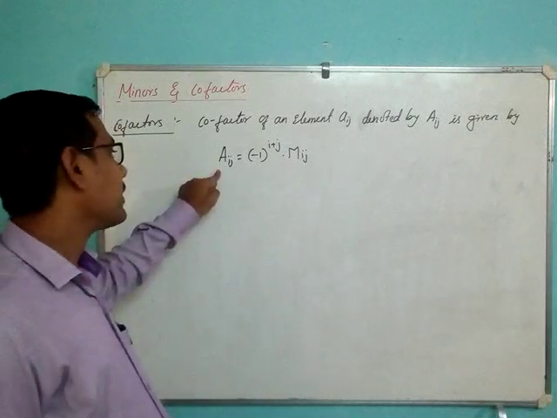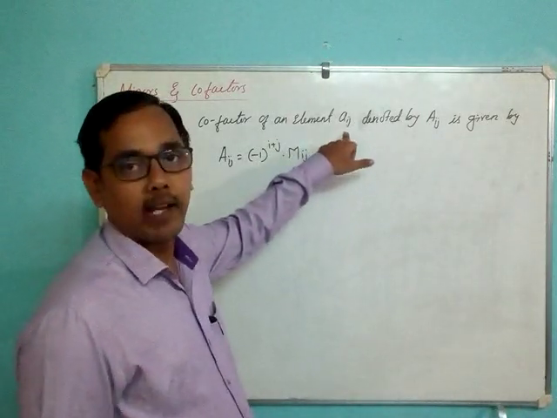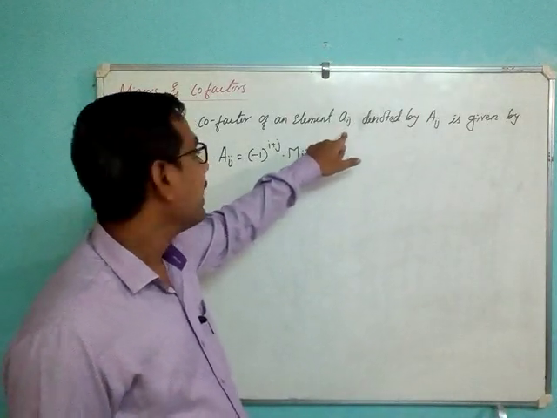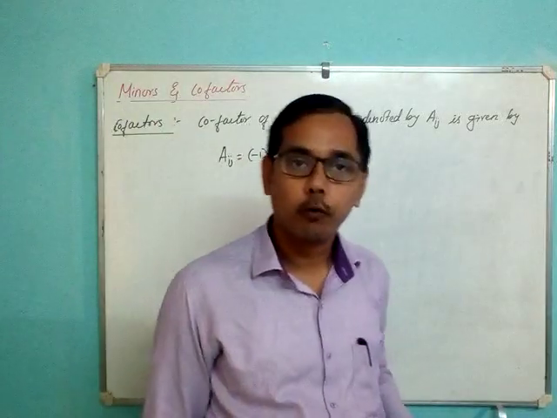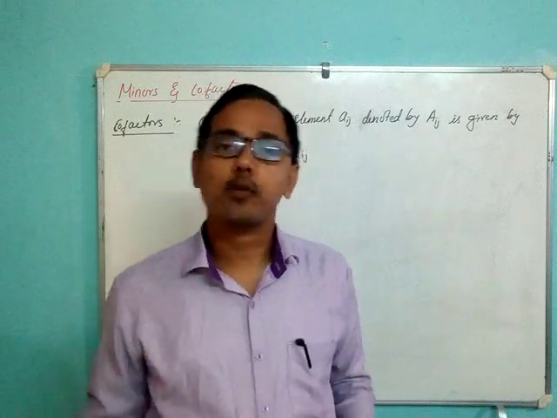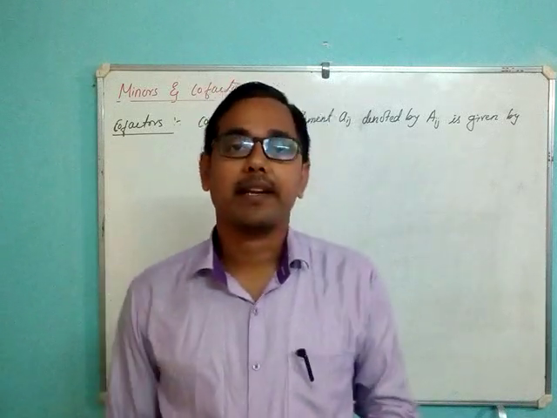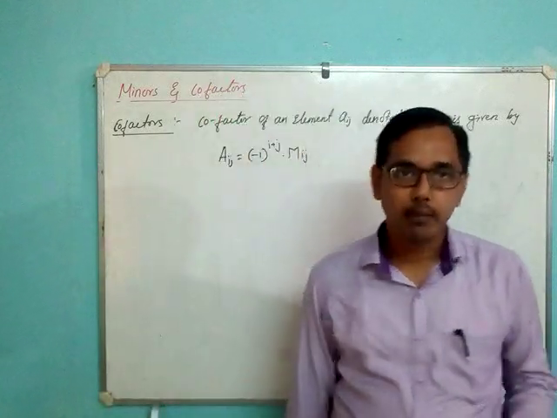If you want to calculate the cofactor Aij, you should have the value of the minor Mij. So first you need to calculate the minor, then you need to go for the cofactor. If you practice problems related to cofactors, then automatically you will get practice with minors. So you make a note of this definition and then we can move to some problems.